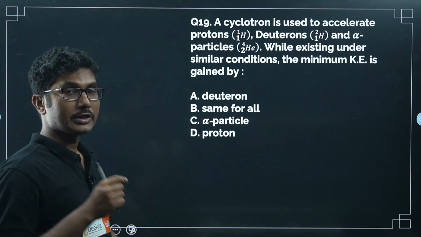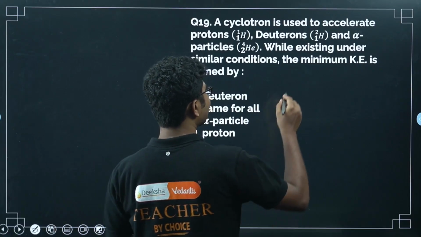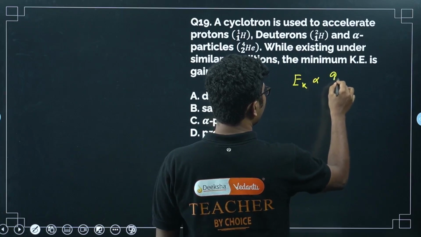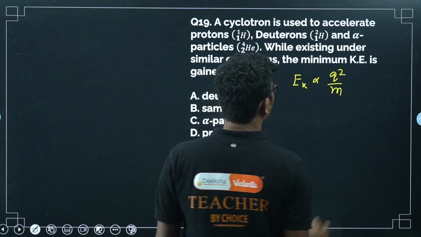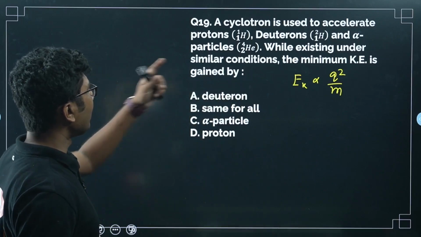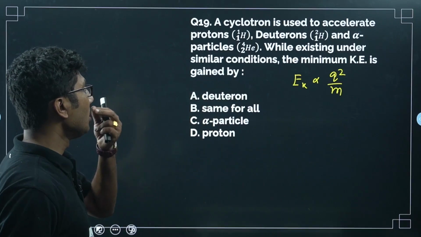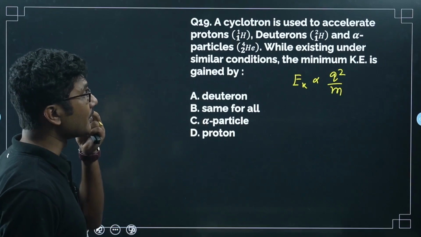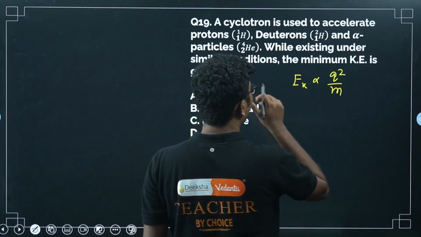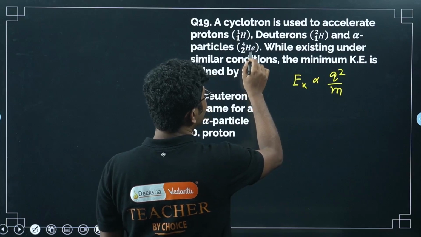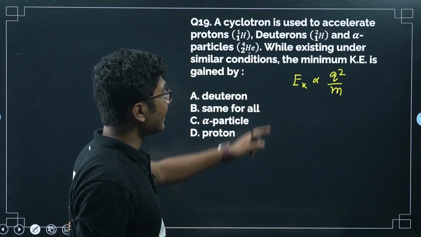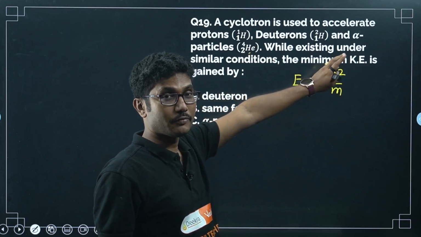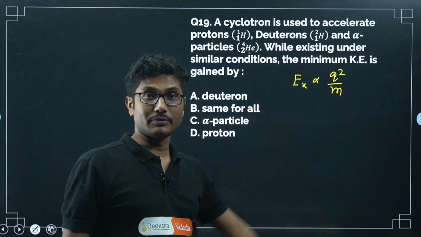Now cyclotron is out of syllabus, but I will just briefly touch this, that kinetic energy is proportional to q square by m. Okay, so alpha particle has q equal to plus 2, whereas hydrogen and deuteron have q equal to plus 1. So for helium, the kinetic energy will be higher because it has 2 charges, so it will be 2e, so it will be 4e square, even though the mass is 4 times.